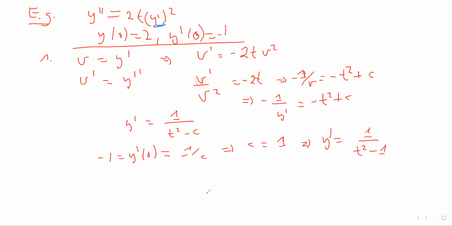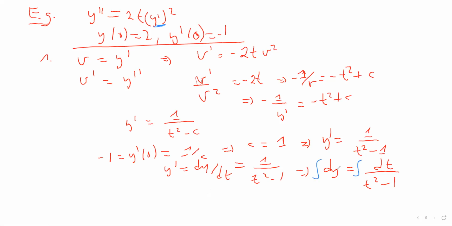Okay, so now our aim is that now that we have y prime equal to 1 over t squared minus 1, we can easily solve this by integration. So to solve for this, y prime is dy over dt is equal to 1 over t squared minus 1. So you take the dt to the other side, then you have dy is equal to dt over t squared minus 1. Okay, then you find the integral. You apply partial fractions to the other side.